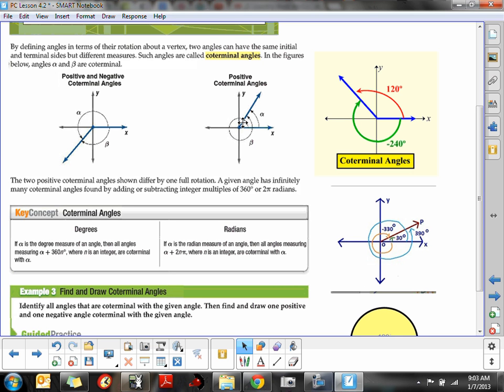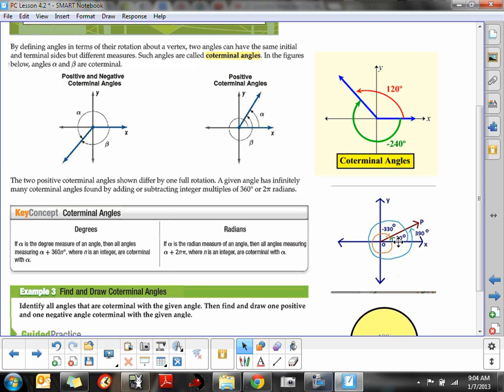Another way is to take this same initial side and wrap around completely in one rotation, 360 degrees, and then add on another alpha. These are called wraparound angles, where we add another 360 degrees to go completely around the circle again and get to the same terminal side.